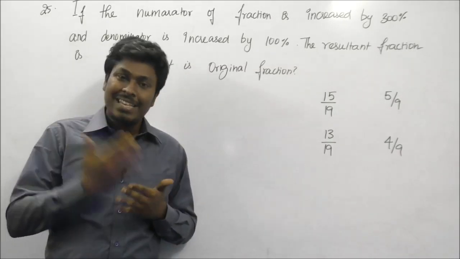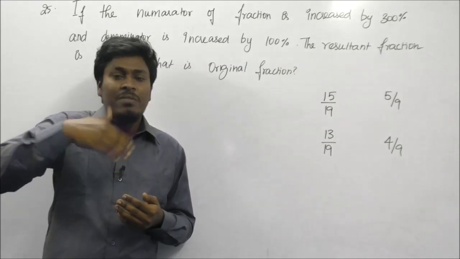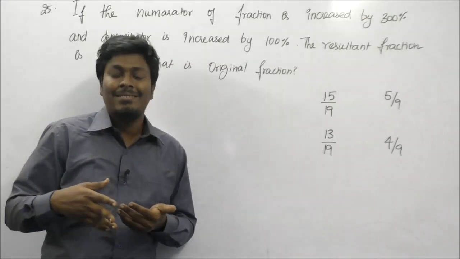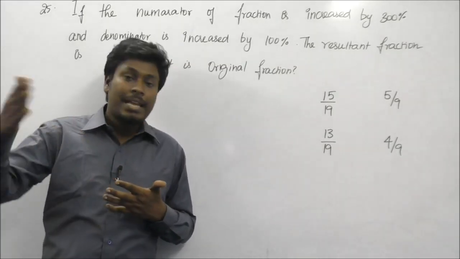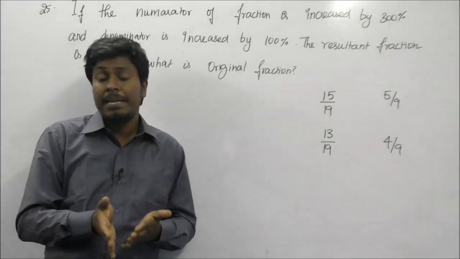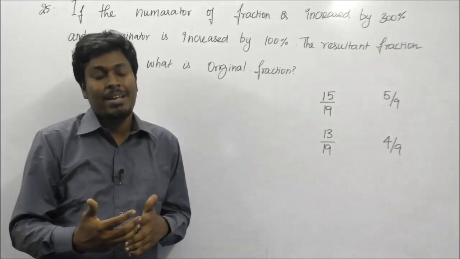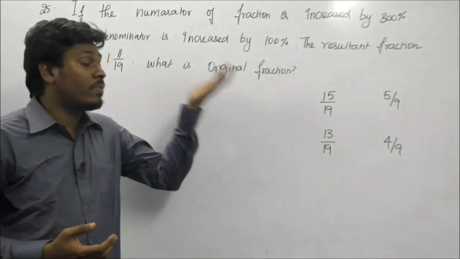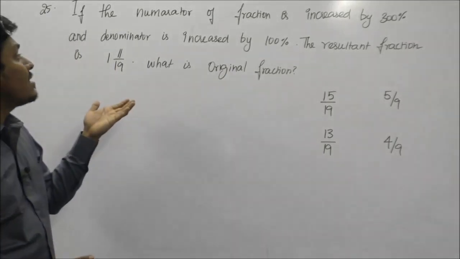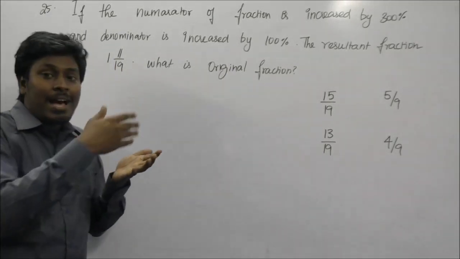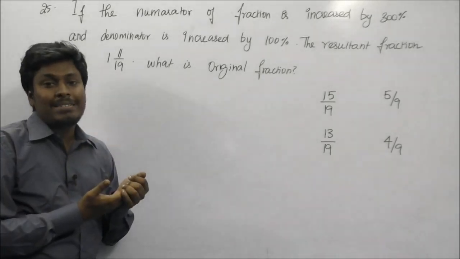It is one of the easiest ways to solve. If you solve in the normal procedure, you can get an answer within 30 seconds, but if you go from the options, it will take only 15 seconds. So I'm just asking you to go from the options. See the question, friends. I hope these are the questions repeatedly asked in your bank exams.